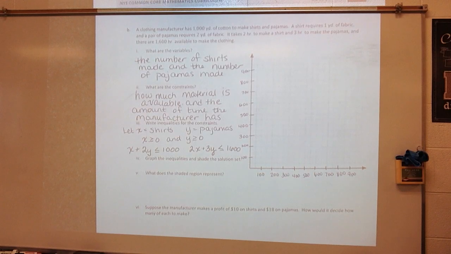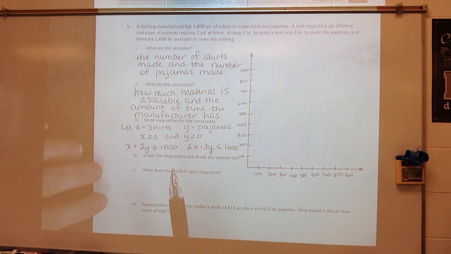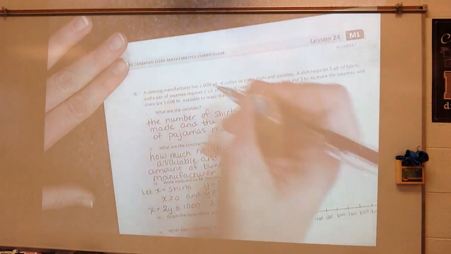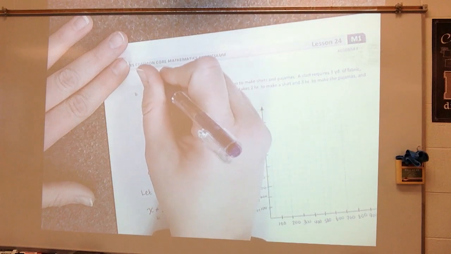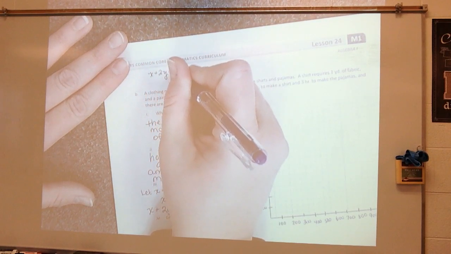So now let's graph it. If I were to actually solve these and graph these, then let's go: x plus 2y is less than or equal to 1,000.